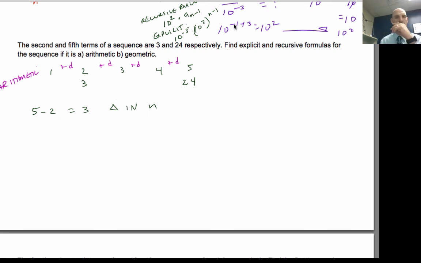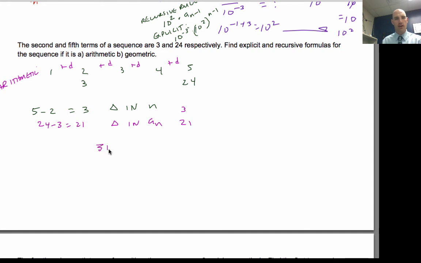My total change in a sub n is 24 minus 3, which is 21. So that means my total change is 21. And my total change in n is 3.